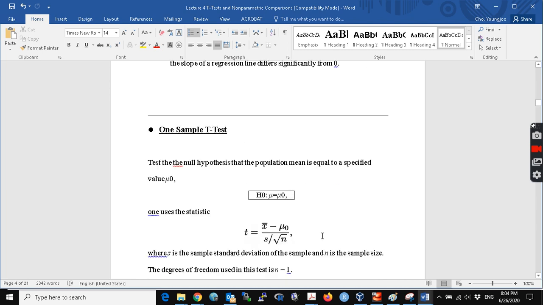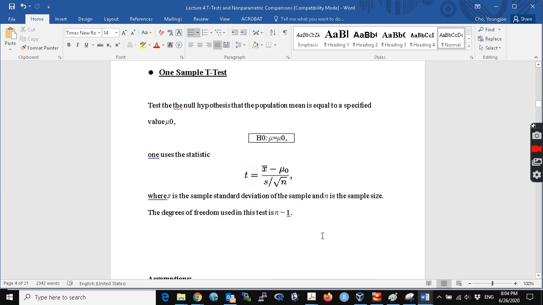Now let's look at the one sample t-test. We test the null hypothesis that the population mean is equal to a specified value mu0. One uses the statistic, as we talked about before, x bar minus mu0 divided by s divided by square root n.